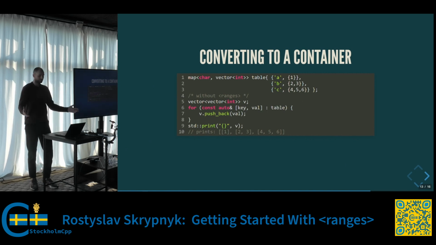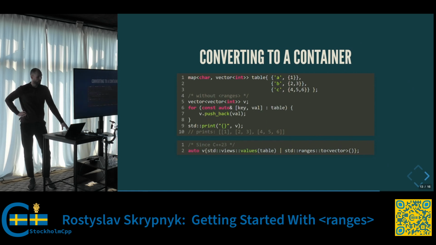Let's say we have this table that has some characters and some, well, sequences of numbers. So if we want to take these values from that map into a container, then without ranges we would do something like, okay, there is a vector of ints, give me the keys, give me the values, I put the values only, right? Again, this is how we do it, not what we want to do.